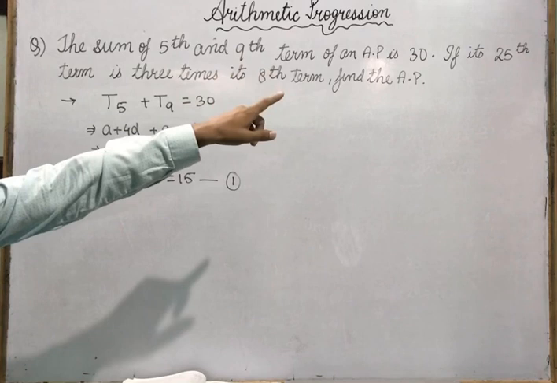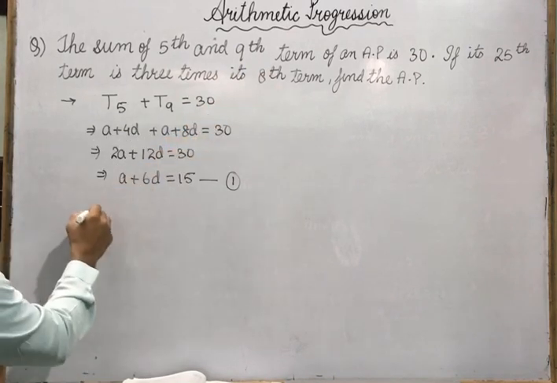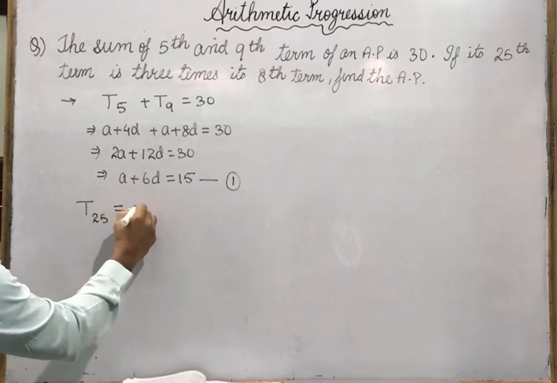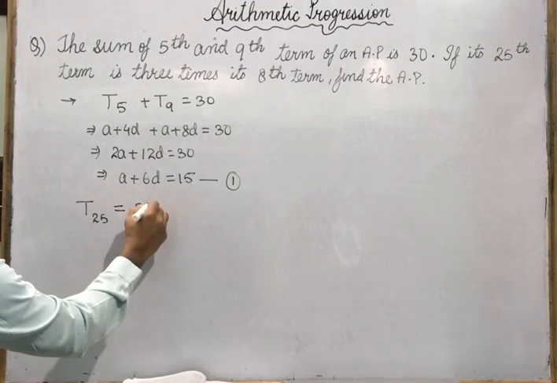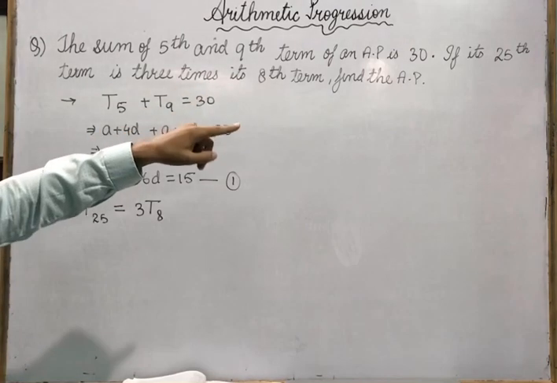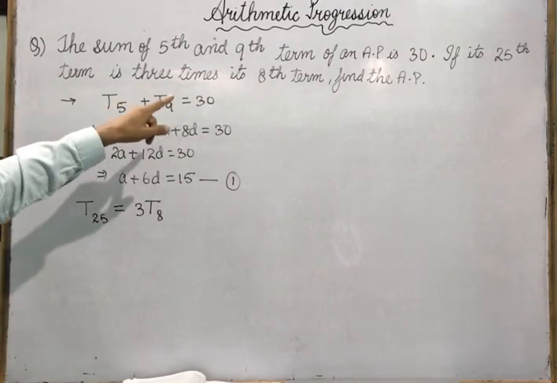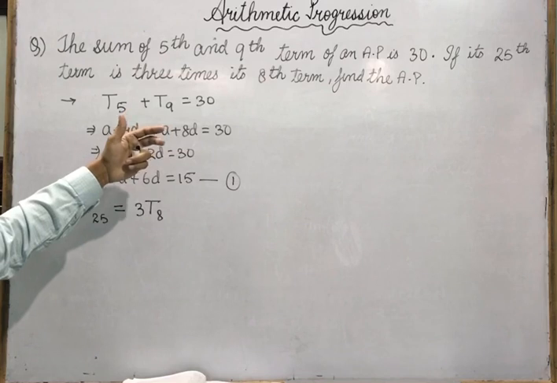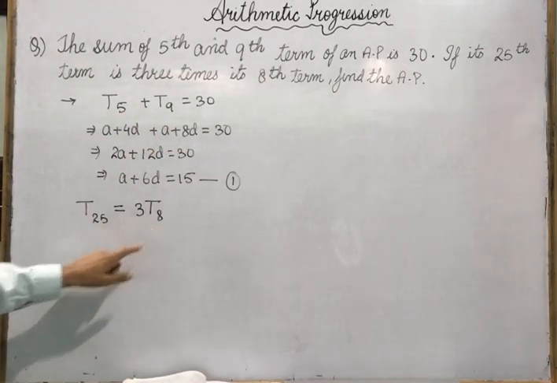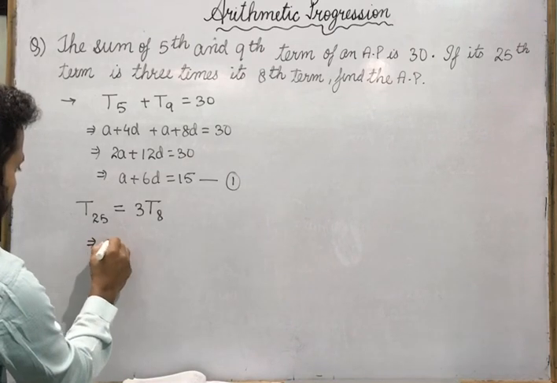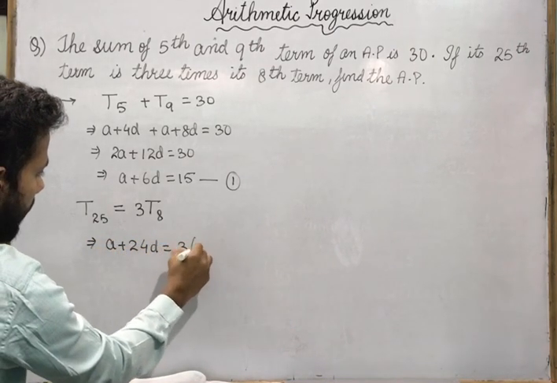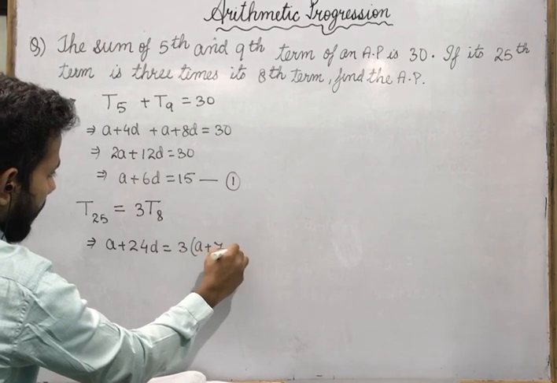Now the second: if its 25th term is 3 times its 8th term, this is the equation. T25 equals 3 times T8. So you will write it as A plus 24D equals 3 bracket A plus 7D.